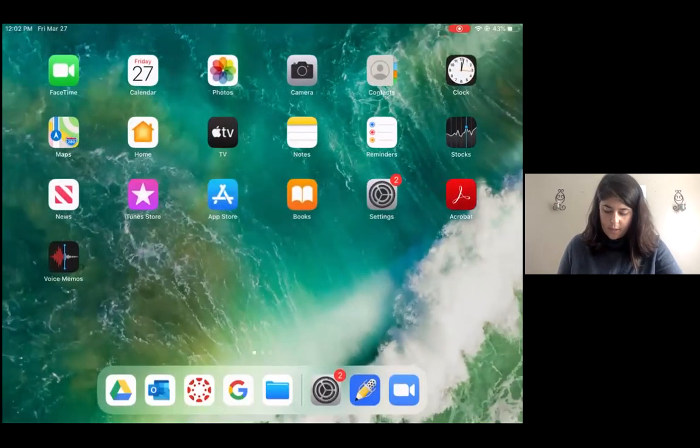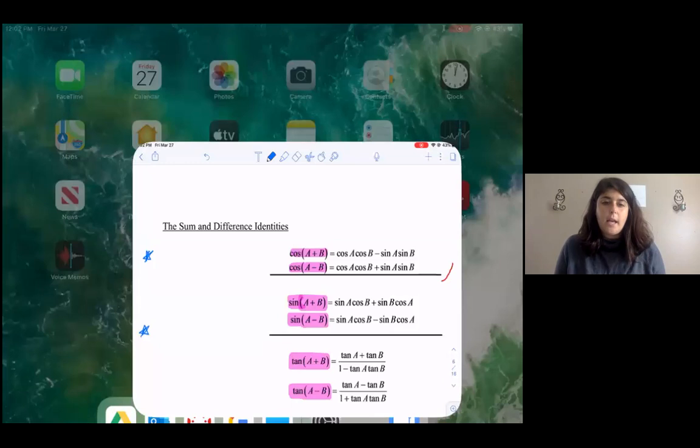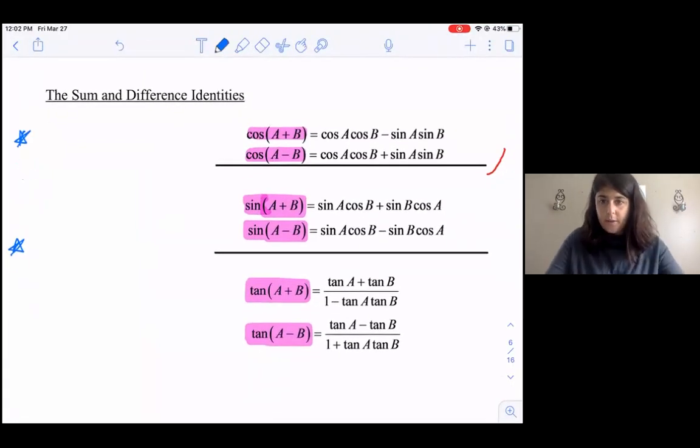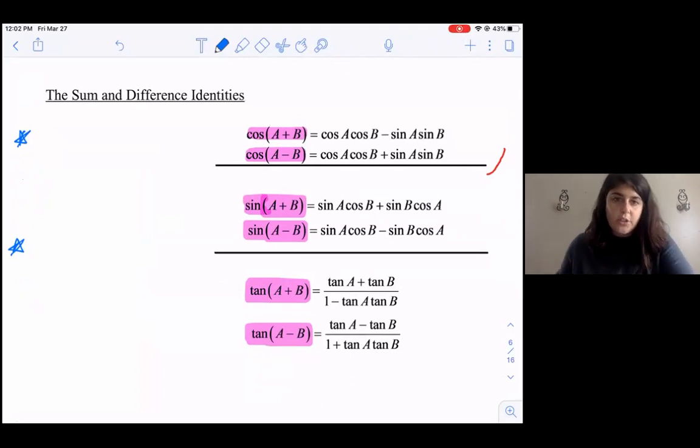Okay, so there is my screen, and here are your notes. You guys are going to need to pause this and copy those down for your notes. These are not formulas that I'm expecting you to memorize, but you will have to be able to use them. So you can have them out next to you. You don't have to worry about ever being tested on them without them being provided for you.